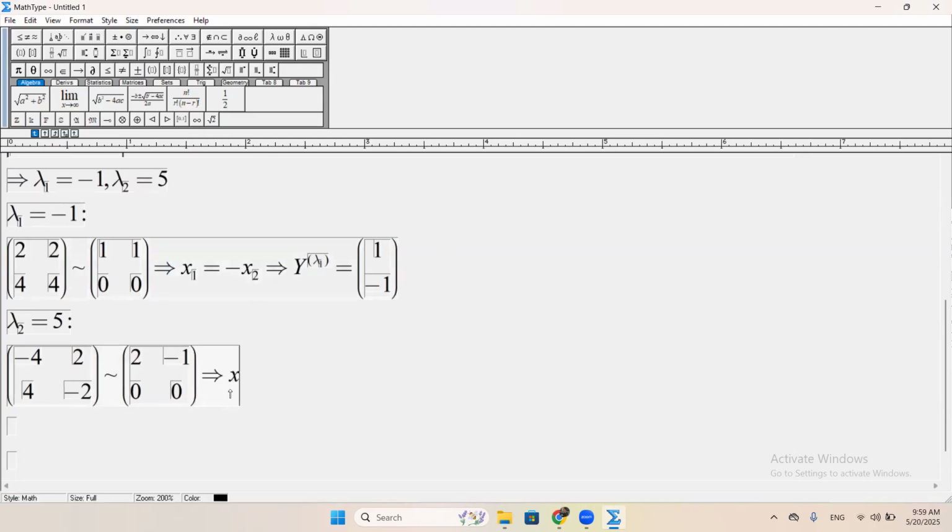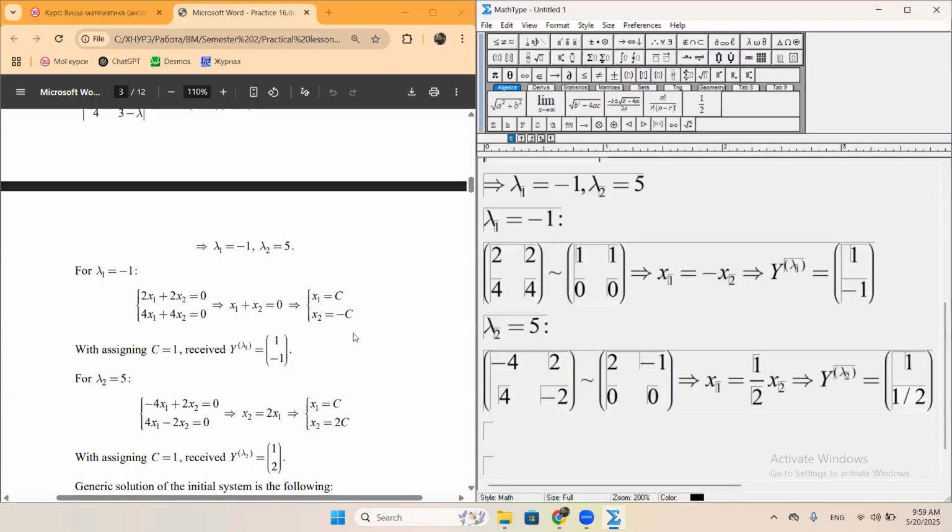So x1 equals 1 over 2 x2. So y with index lambda 2, okay, let me copy and paste it. So 1 and 1 over 2.